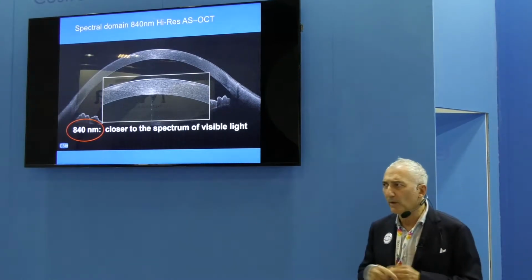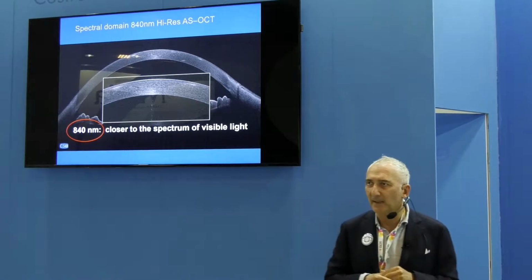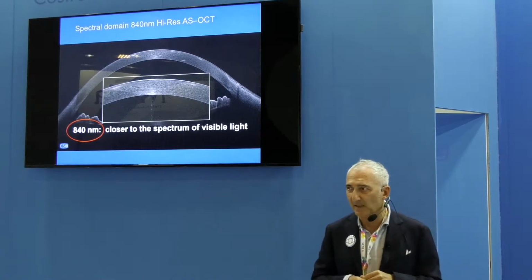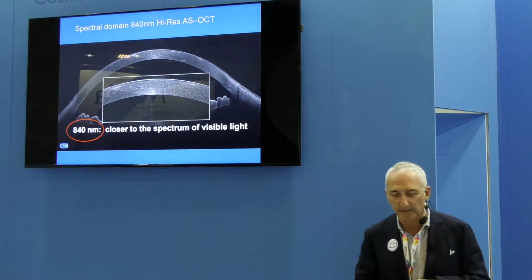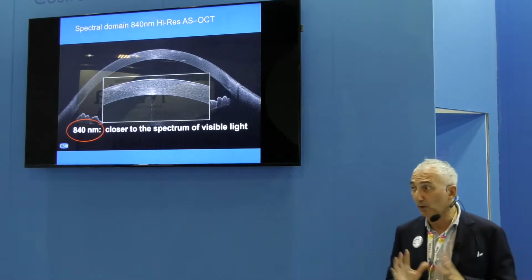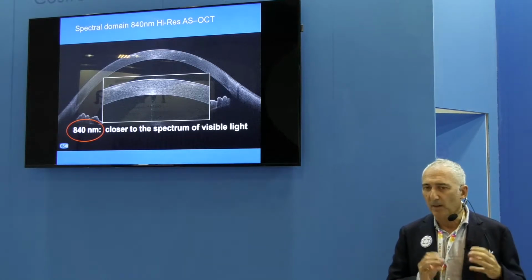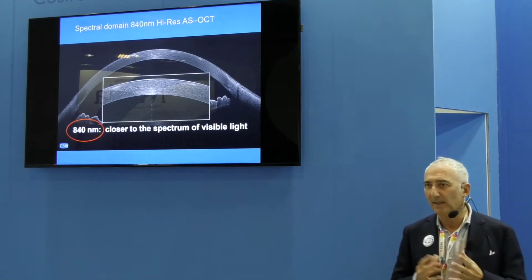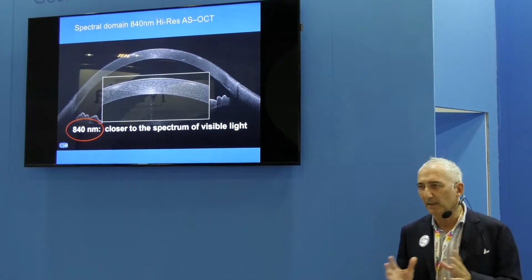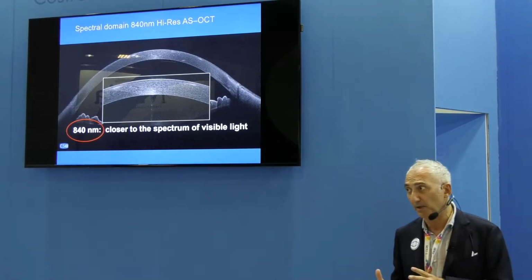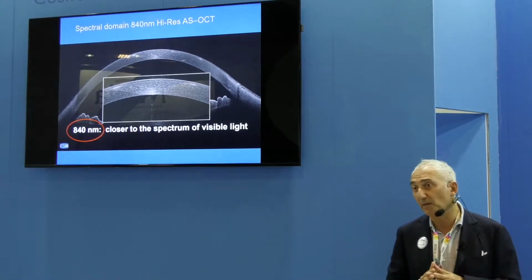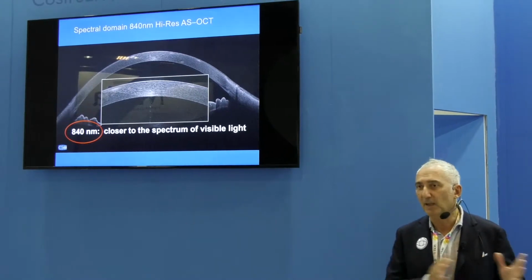This morning, I don't know whether some of you were attending the meeting organized by CSO in the nearby hotel, somebody pointed out correctly that when we talk about opacities and optical density, this is something that we cannot translate to OCT images. In fact, OCT uses infrared light, so it's not visible light.